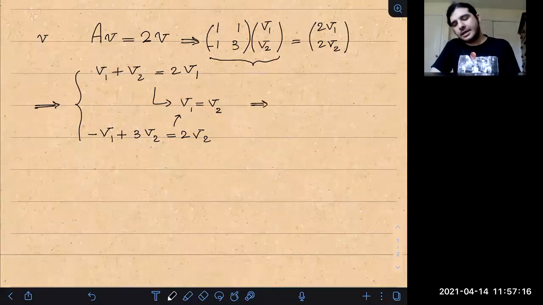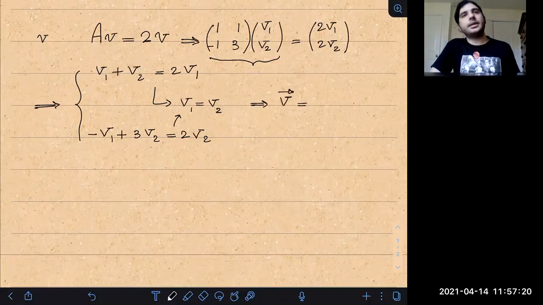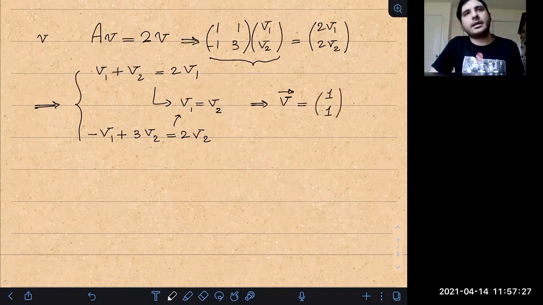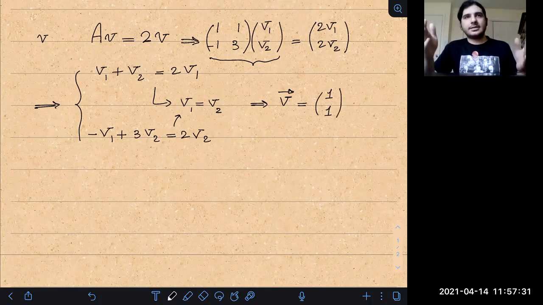So any such vector V would be a multiple of the vector 1, 1. This is an eigenvector for this eigenvalue, and the eigenspace would be just the span of this vector 1, 1.